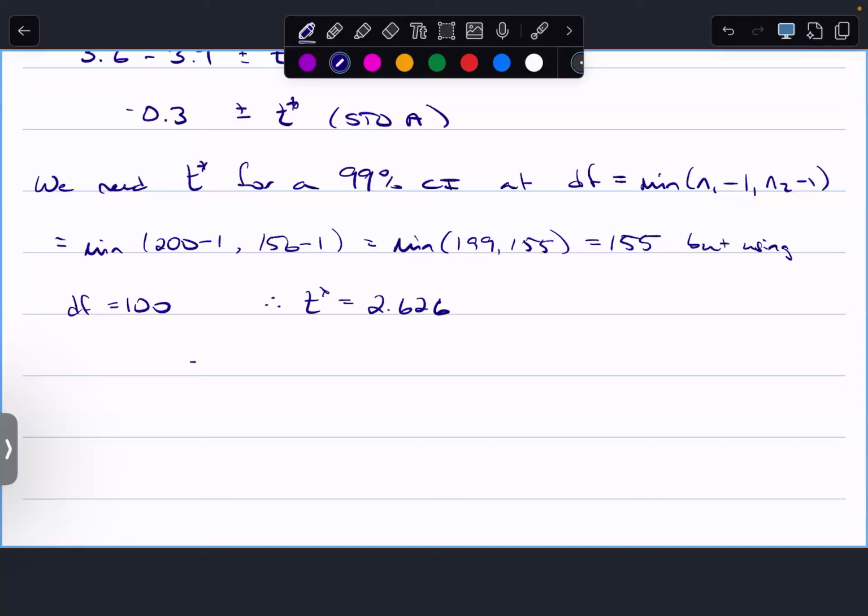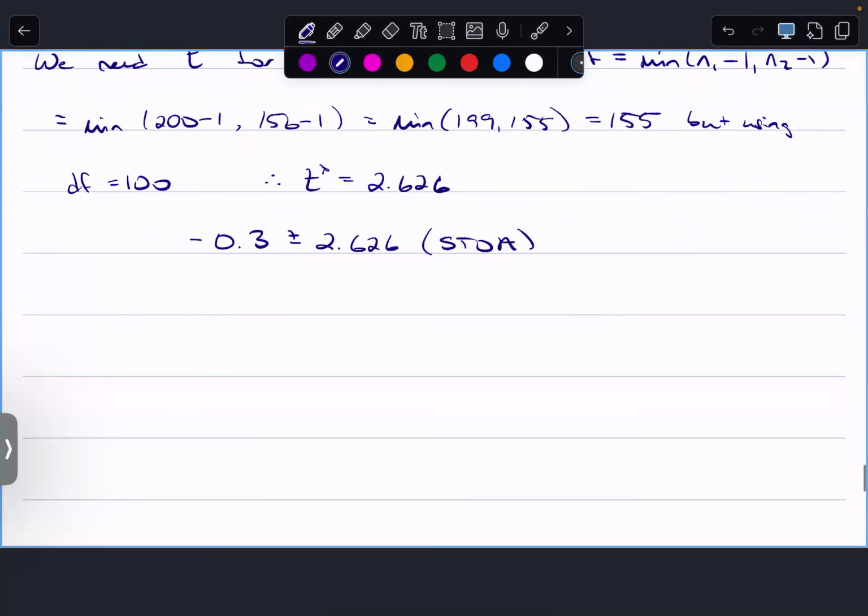Now we're ready. Negative 0.3 plus or minus 2.626 times whatever is stored in A. Shift recall A times 2.626.